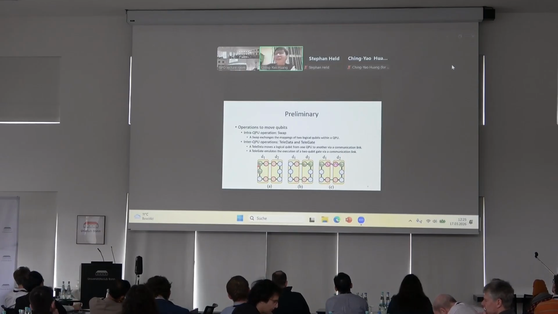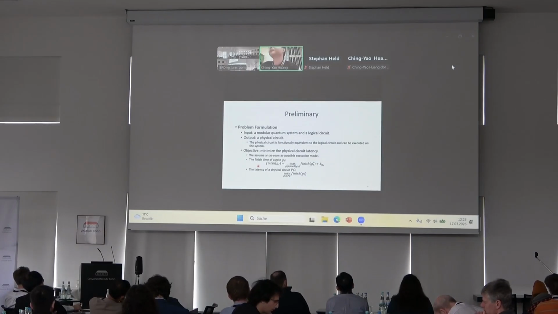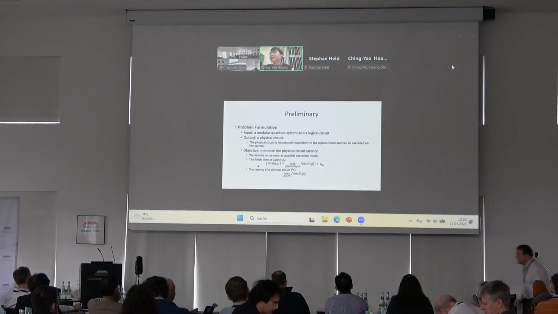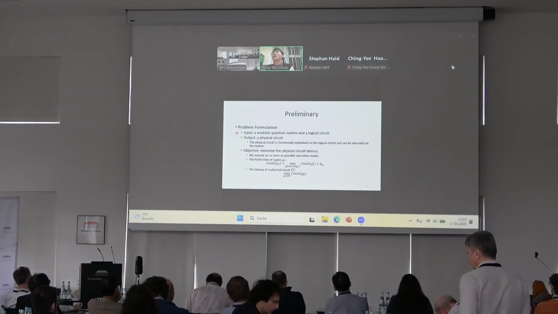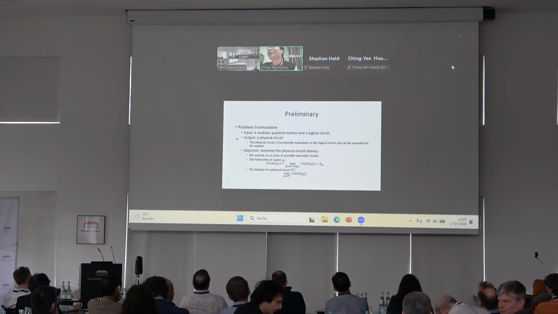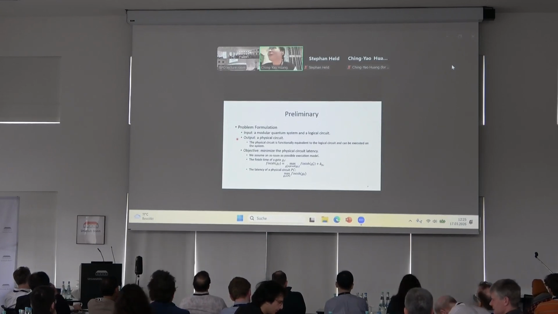Here is the problem formulation for the circuit compilation problem on modular quantum systems. The input is a quantum system and a logical circuit, and the output is a functionally equivalent physical circuit that can be executed on the system. Our objective is to minimize the physical circuit latency.